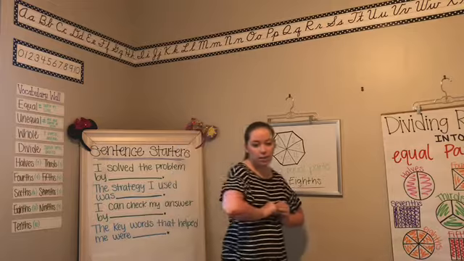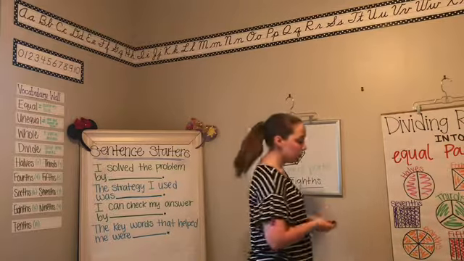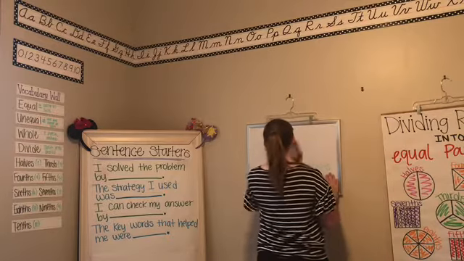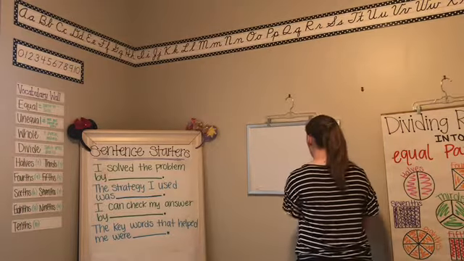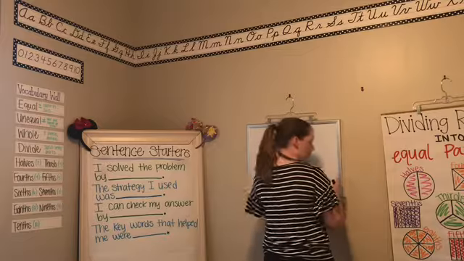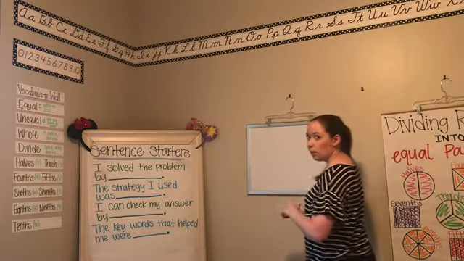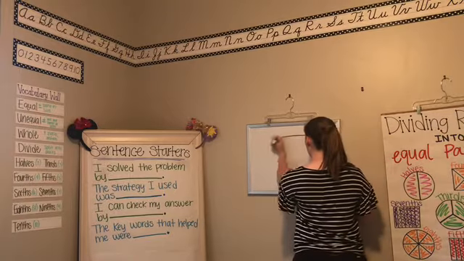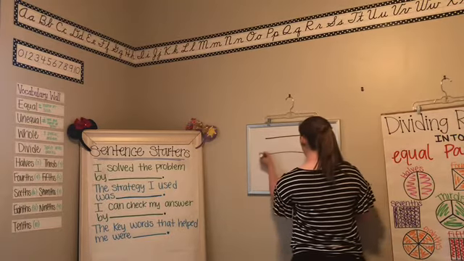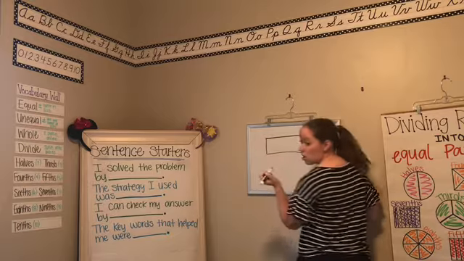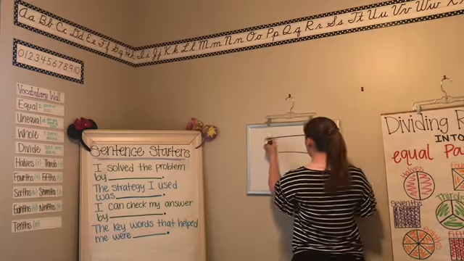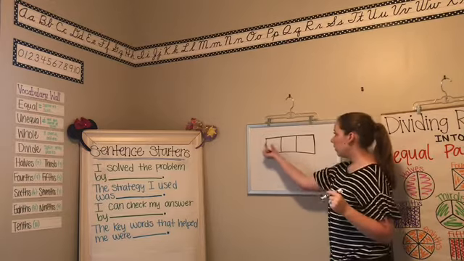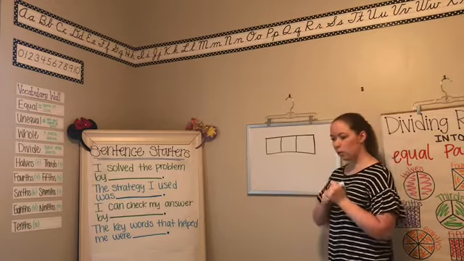Let's look at one more and go to number 6. So for that one, it looks like it's a rectangle. So I'm going to draw out a rectangle. Remember, you don't have to do this part because you have the paper right in front of you. If you want to draw it, go ahead. More practice, the merrier. And it's divided into 3 equal parts. Okay, we have 1, 2, and 3. 3 equal parts.